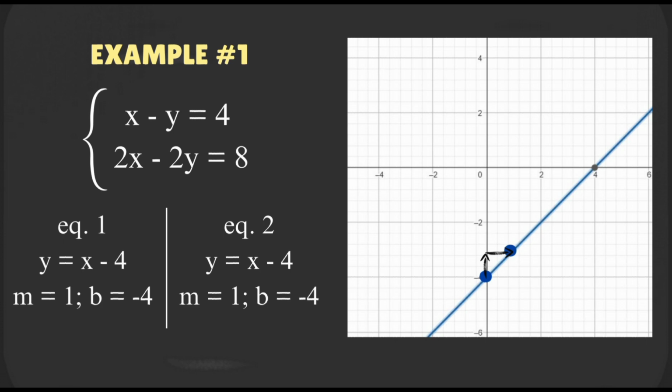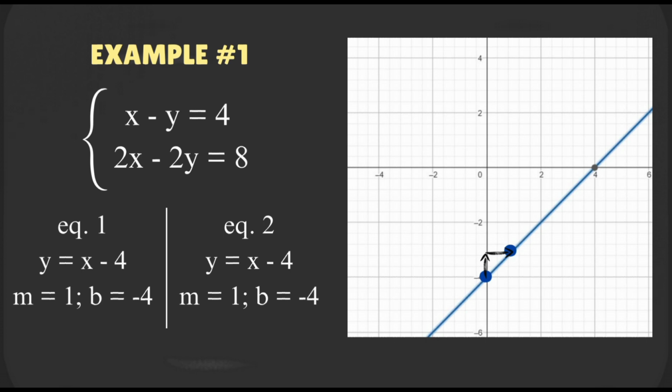While our equation 2 will be y is equal to x minus 4, just like our equation 1. Why? It is because our second equation is divisible by 2. So we're going to divide both sides by 2 to make our equation simpler. So it will give us x minus y is equal to 4. Just like equation 1, we're going to rewrite it in slope-intercept form.